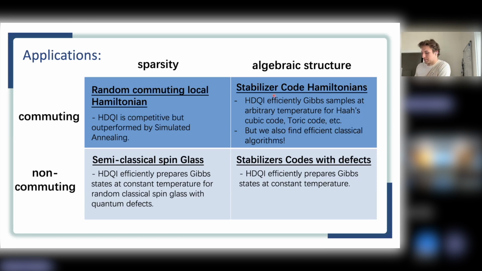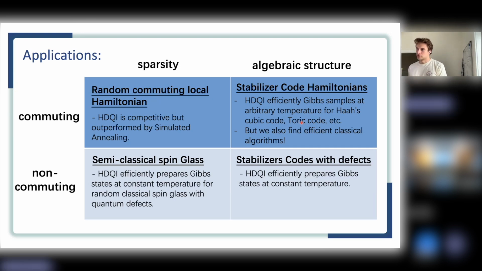Okay, the next commuting model we study is where we add algebraic structure. Here we study preparing Gibbs states of stabilizer code Hamiltonians, like Haah's fractal code, or the 2D toric code, or the 3D toric code, etc. For Haah's code, the toric code, and many other codes, we show that HDQI can provably prepare Gibbs states at any temperature, even temperature scaling exponentially in system size.